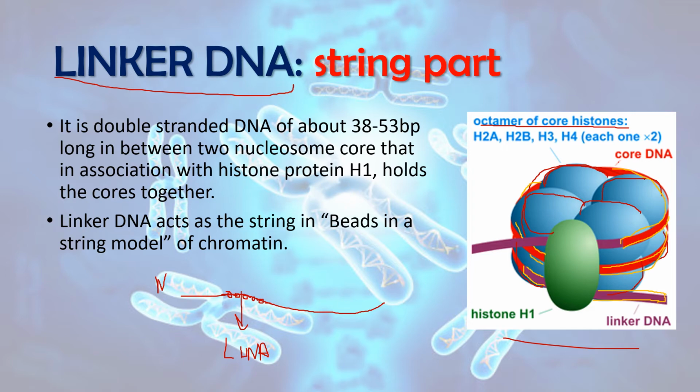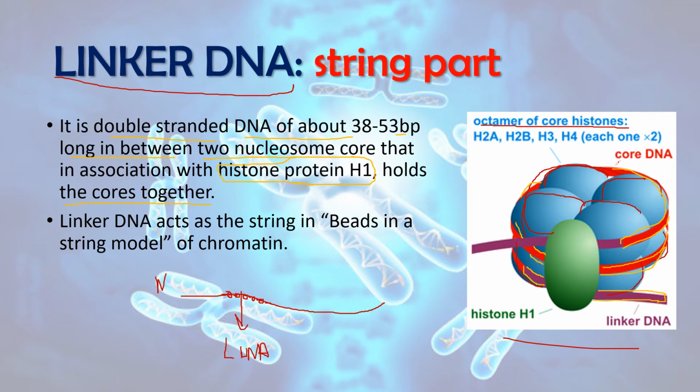So linker DNA is double-stranded DNA of about 38 to 53 base pair long in between 2 nucleosome cores that, in association with histone protein H1, holds the cores together. I will describe this H1 histone protein in a short while.